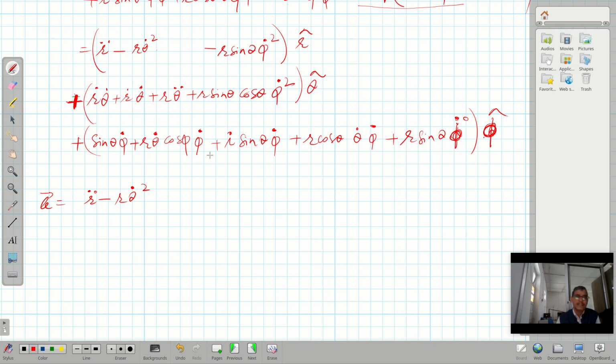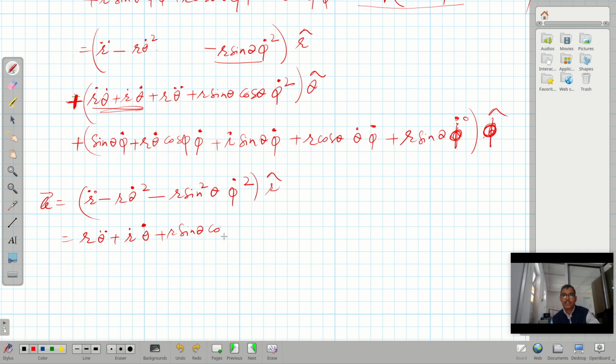So it is minus r sine square theta and phi dot square, r cap. Let us put these two together: r theta double dot plus r dot theta dot plus r sine theta cos theta, and it is phi dot square, and it is theta cap.